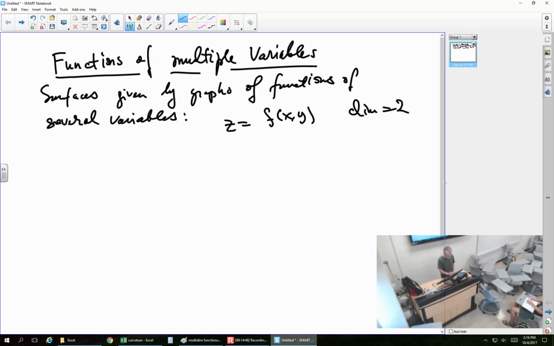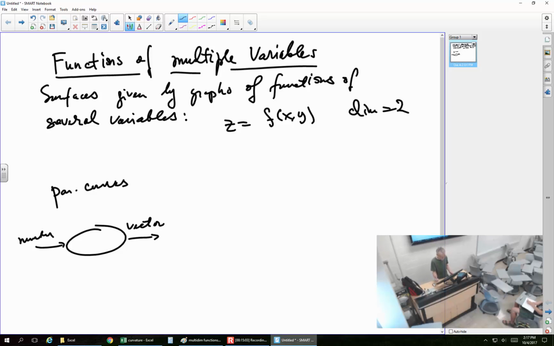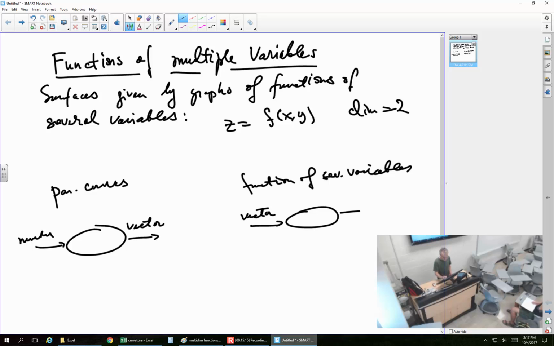Let me do this again, parametric curves: comes in a number, comes out a vector. Now we flip it. So functions of several variables: what comes in is a vector, comes out a number.